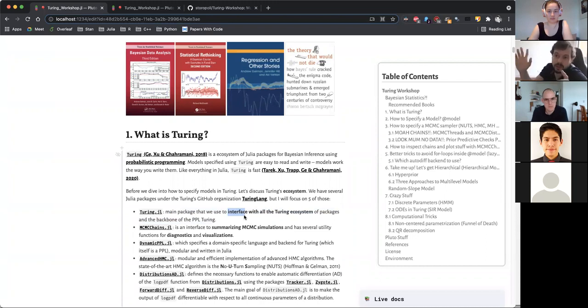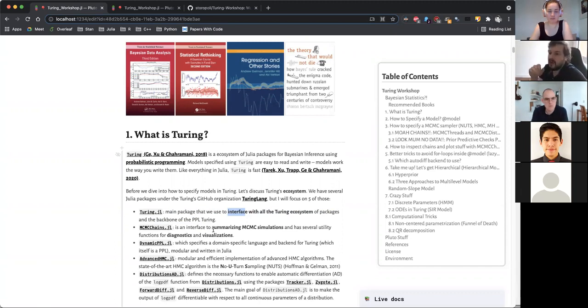You just do using Turing. That deals with most of the stuff that you need. We have MCMCChains.jl. It's an interface for summarizing, describing, inspecting, plotting, manipulating MCMC simulations.